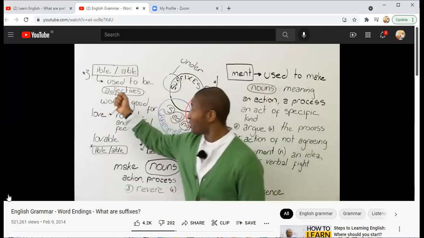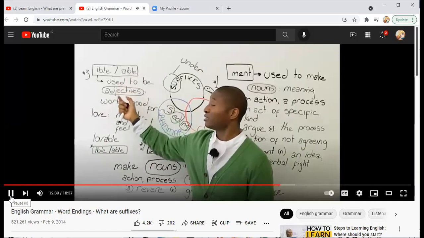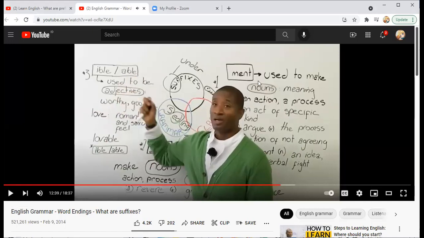But I have one more case. And this is able and able. Okay, I forgot to say that ment and ance or ence are used to make nouns. So words with ment or ance or ence added at the end will mostly become nouns, from verbs.